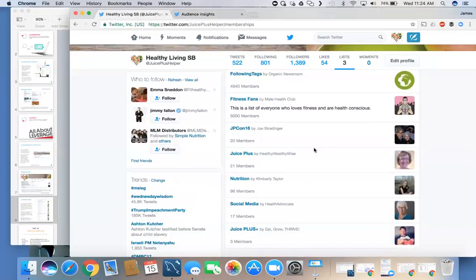But the point is that you have probably been put in a list that you're not aware of. And I find this a lot with especially people who have been on Soundboard for a while and who haven't necessarily been paying super close attention to their own Twitter handles and their own notifications.